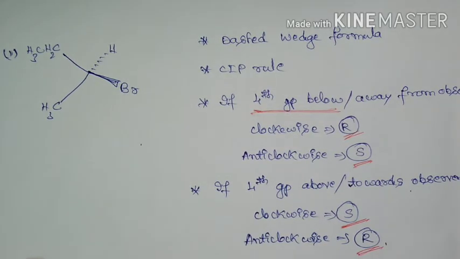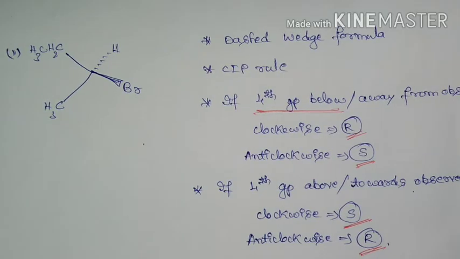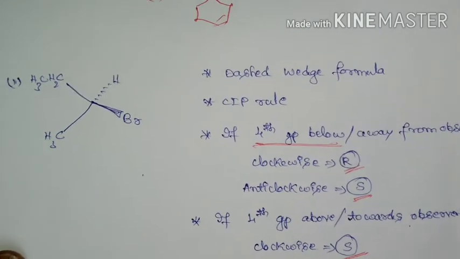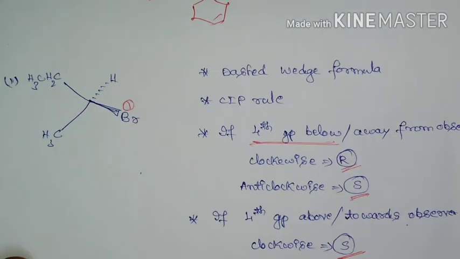By keeping these important points in mind, now we will see the configuration of this given compound. On the basis of atomic number, bromine will take first priority.